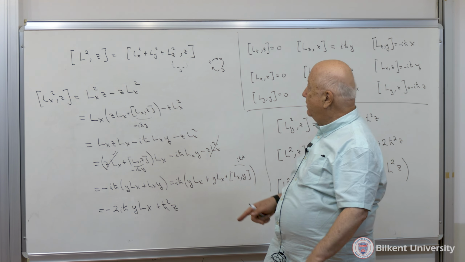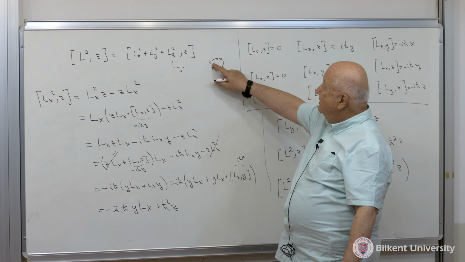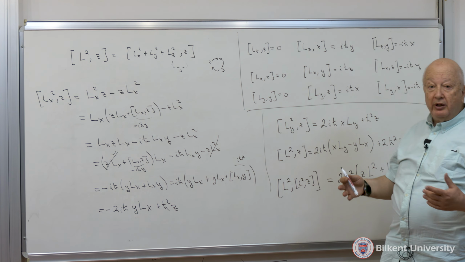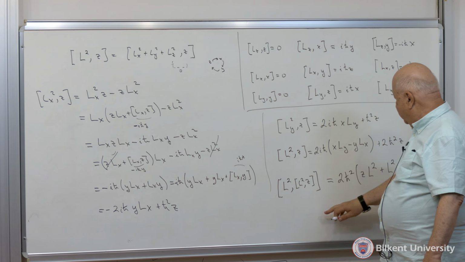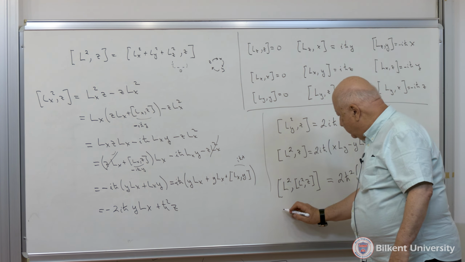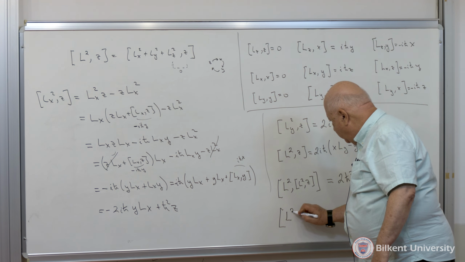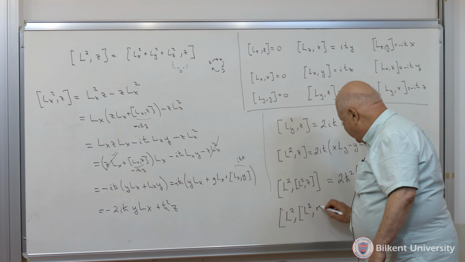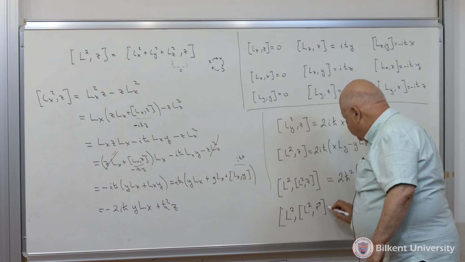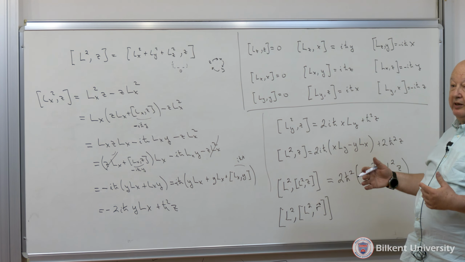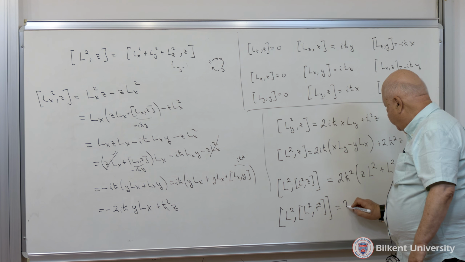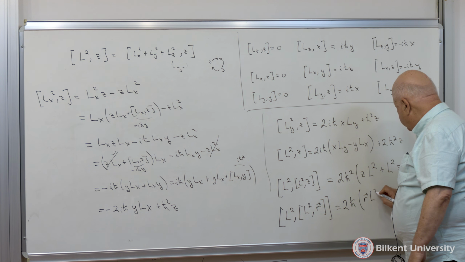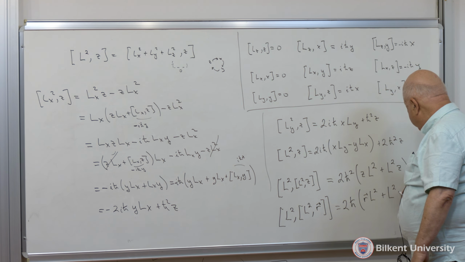So in some sense what I'm saying is that if you make this transformation, z going to x, x going to y, y going to z, L squared stays L squared, but z becomes x and so on. So a shorthand way of writing all of those equations is that L squared commutator with a vector r, which is going to have components x, y, and z, is going to be equal to 2 h bar squared (r L squared plus L squared r).